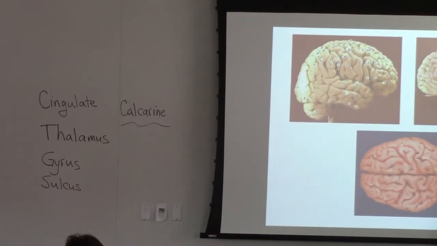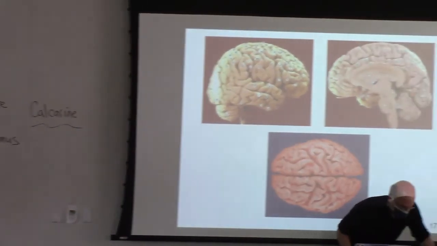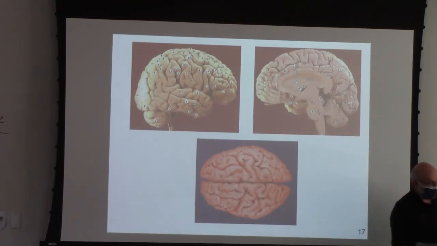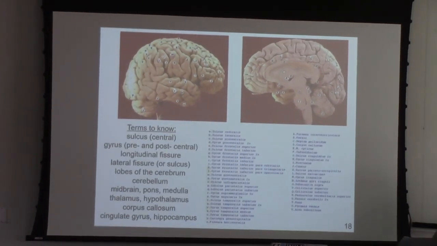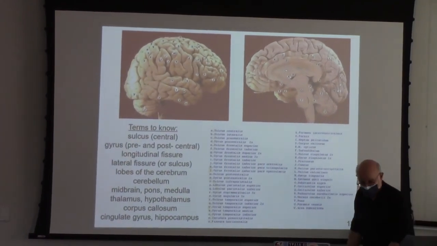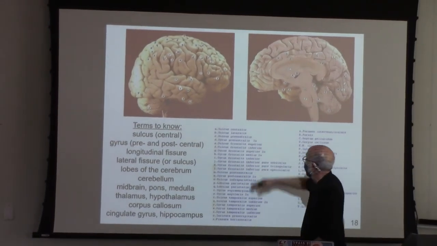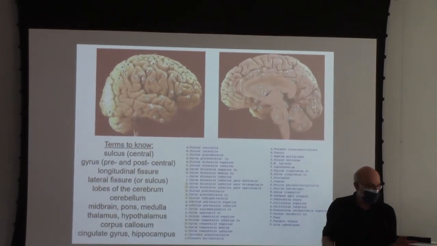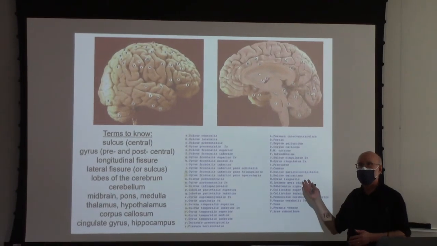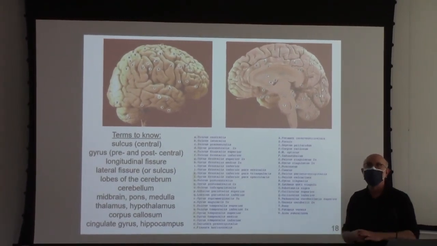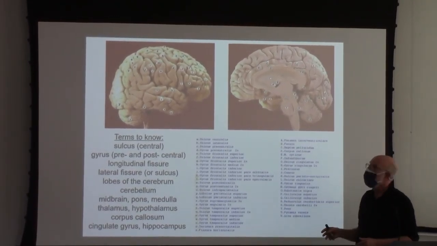So you can see I'm using some of the functional names. The next slide, the one that I did hand out, gives you the list of things, so this is your decoder key. I know it's too small to read on the handout, but on the slide on Moodle you can read these things.